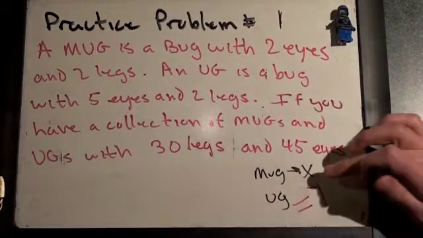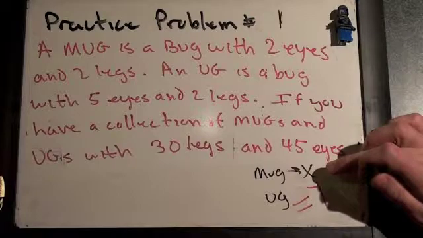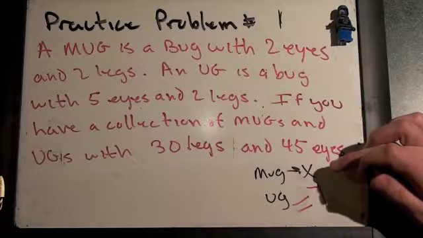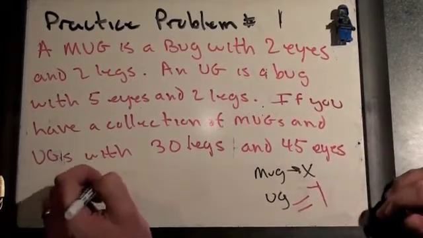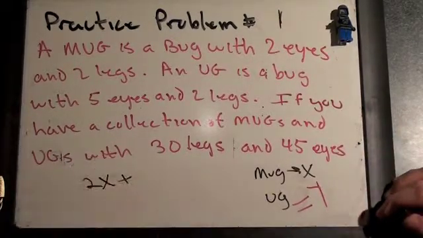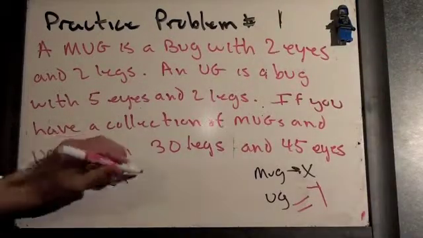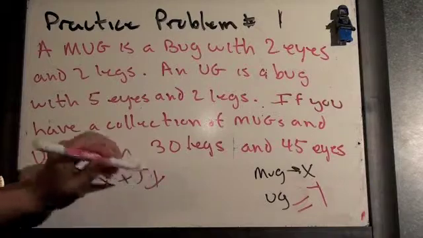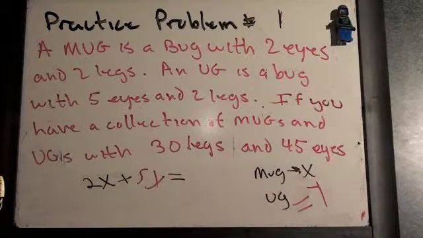Okay, so how many eyes does each mug have? No, how many eyes does each mug have? 2. So we know that 2x plus how many eyes does each ugg have? 5. 2x plus 5y equals, how many total eyes are there?